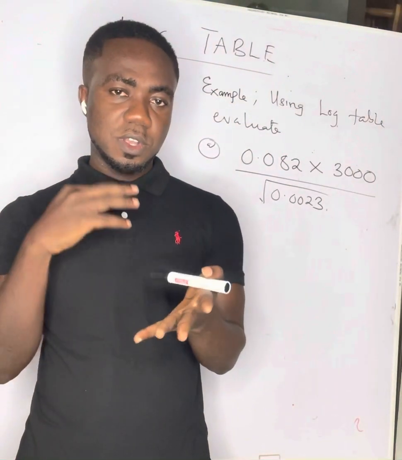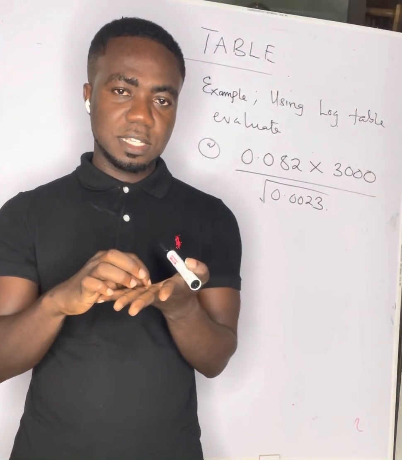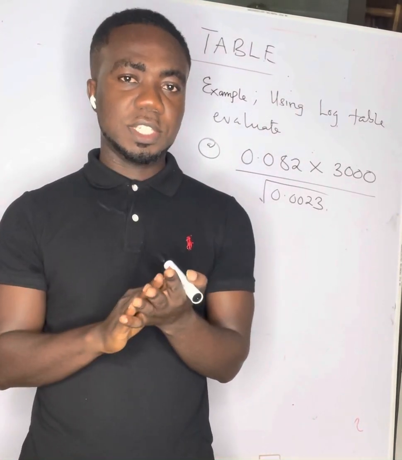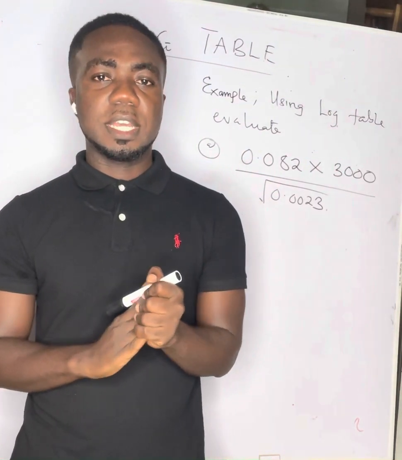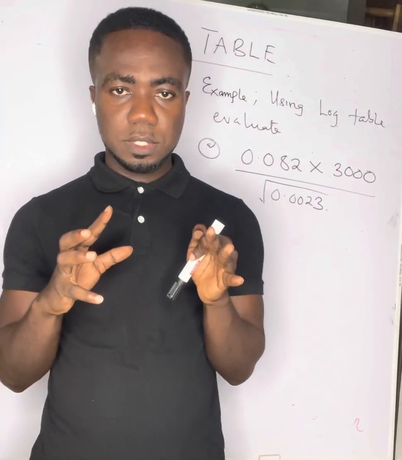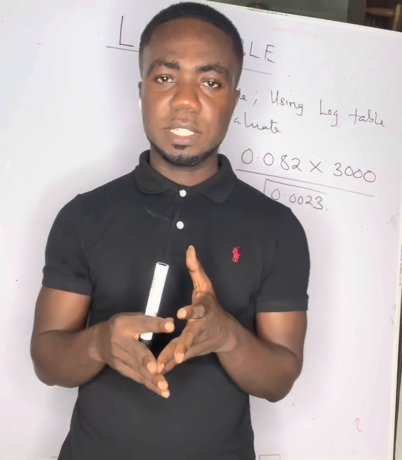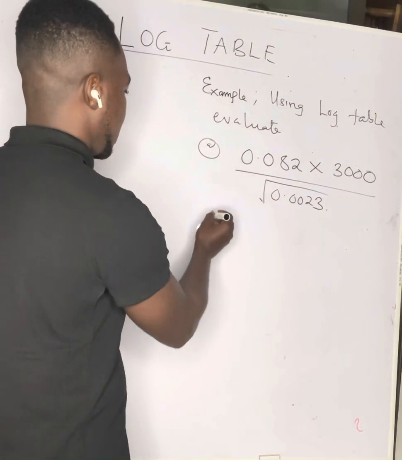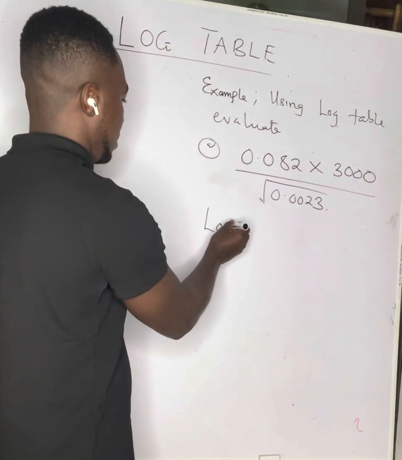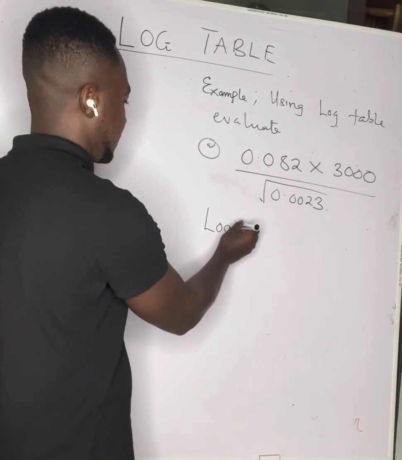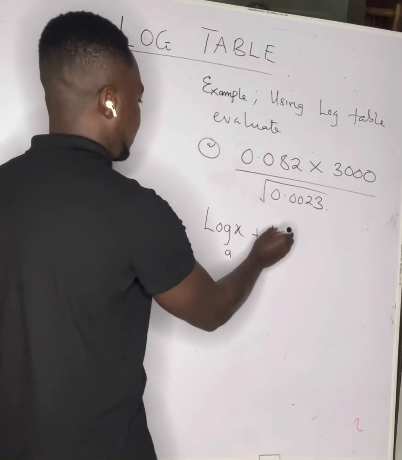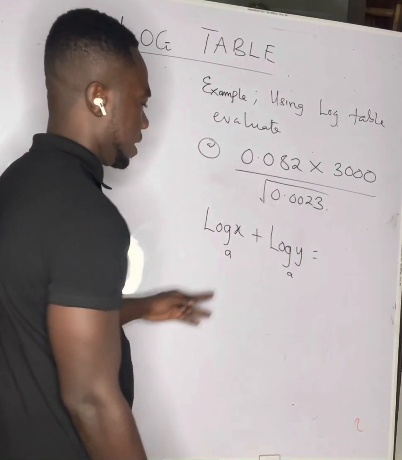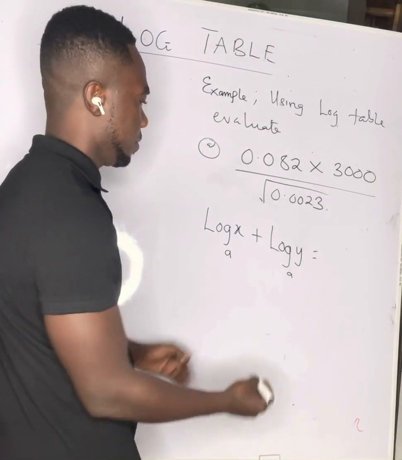You need to understand the properties associated with logs and then the laws associated with logarithm. The first property of logarithm is the addition property, which says that if you have log base a of x adding to log base a of y, you can see that they have the same base, so we'll factor the base out.